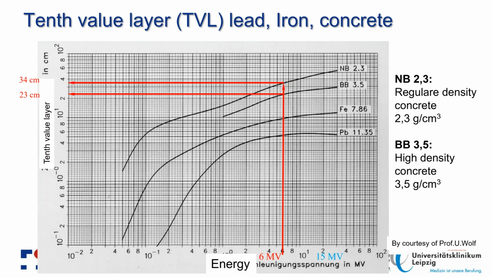So normally you could roughly calculate for 6 MV, you need around 4 to 5 layers of concrete to fulfill the limit values. So this is what I have talked about at the beginning. Now, if you have 4 or 5 times that of a tenth value layer, you see we are above 1 meter. Yeah, of 1 meter wall thickness of regular or high density concrete.